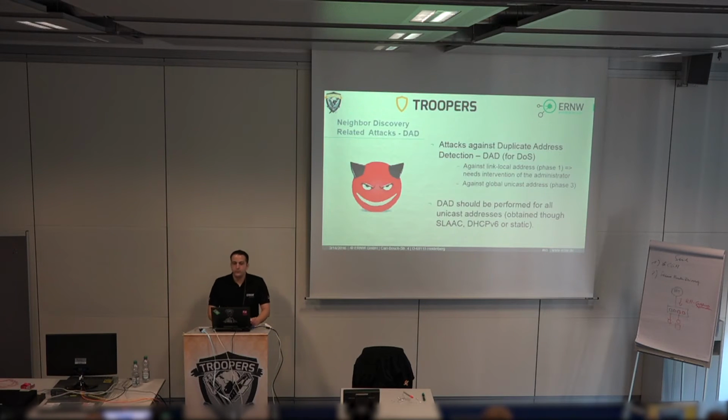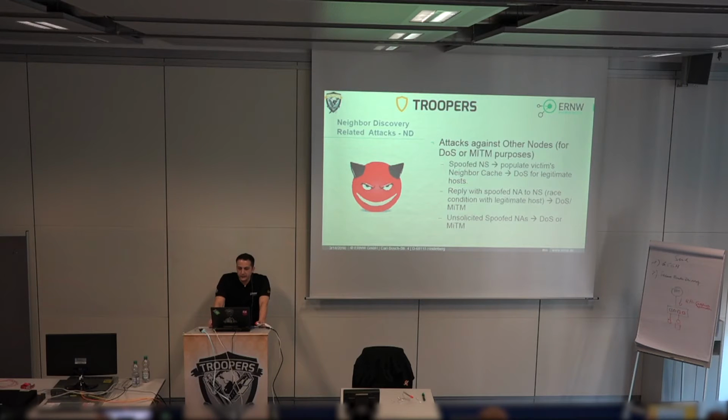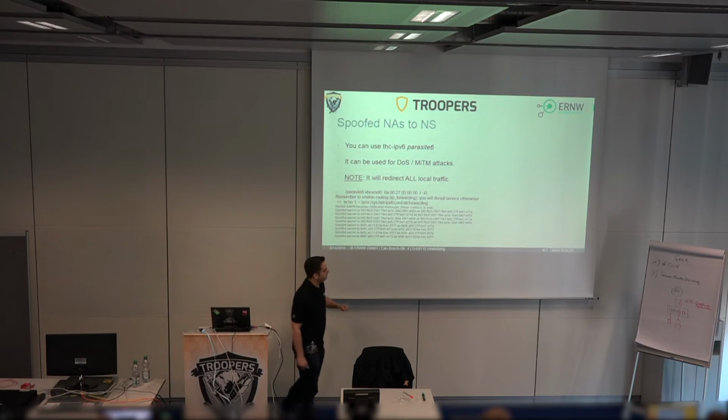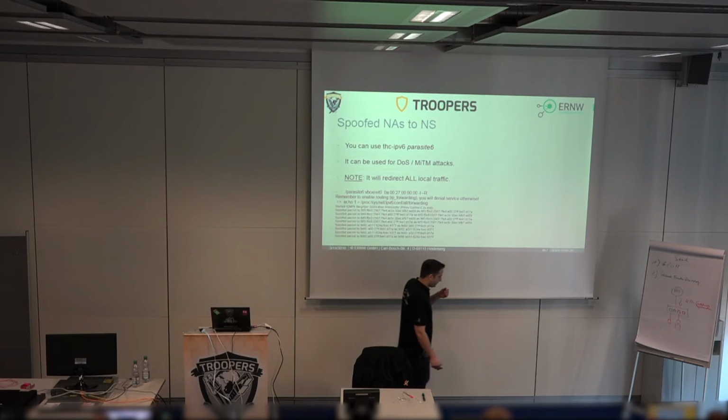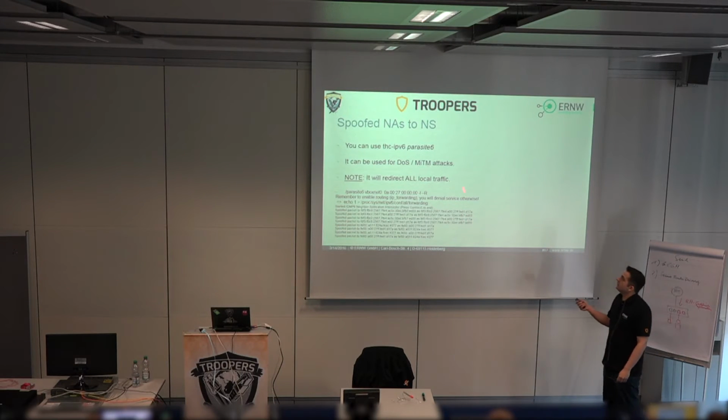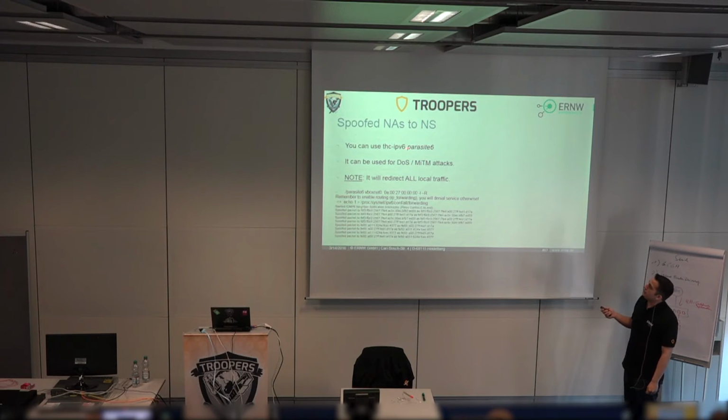So, what can we do against that, or with that? We can use two different tools, or modules from the THC IPv6 toolkit. We could use the Parasite 6. It will redirect all local traffic.